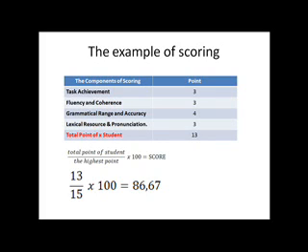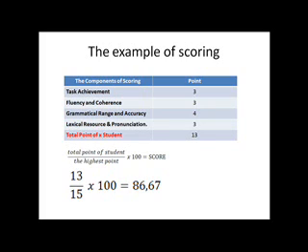This is an example of scoring. If the student got 3 points for task achievement, 3 points for fluency and coherence, 4 points for grammatical range and accuracy, and 3 points for lexical resource and pronunciation, the total will be 13.